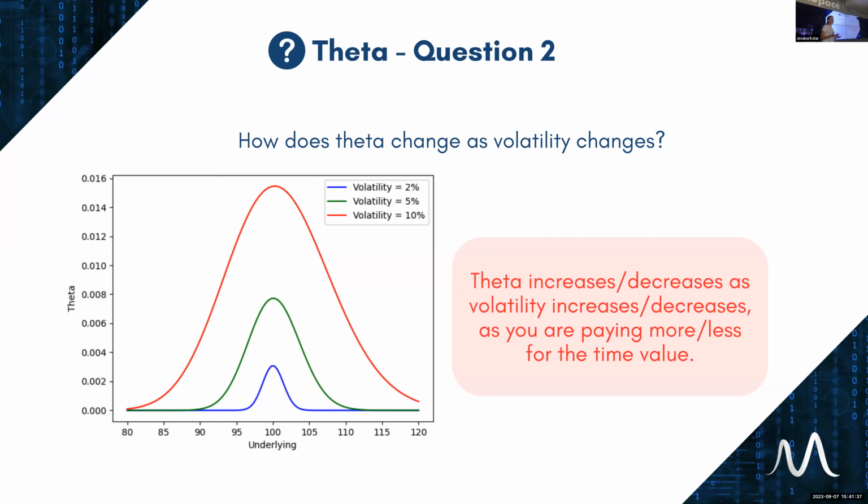For options, you have positive gamma because you want the underlying to move, right? But as time passes, your option's price becomes closer to the payoff, so the extrinsic value is dropping to zero everywhere. So you have to be paying theta to be receiving gamma.